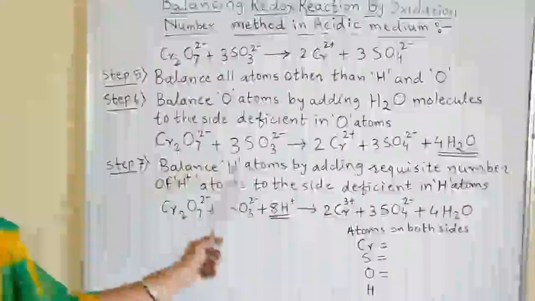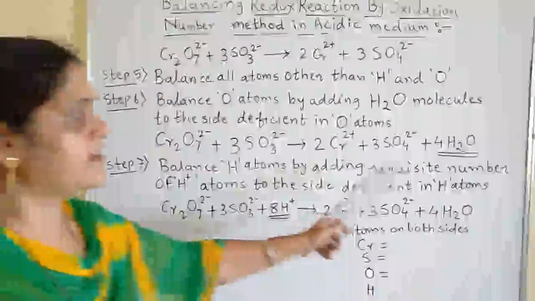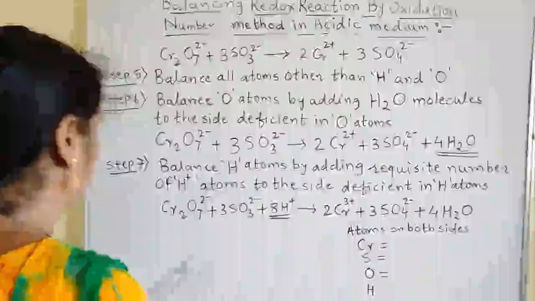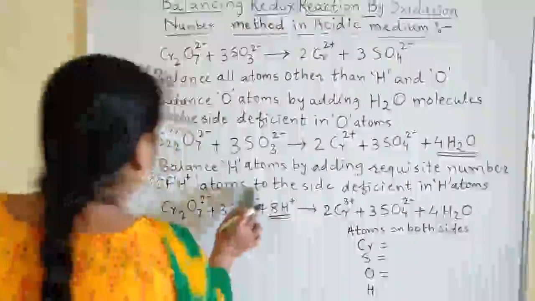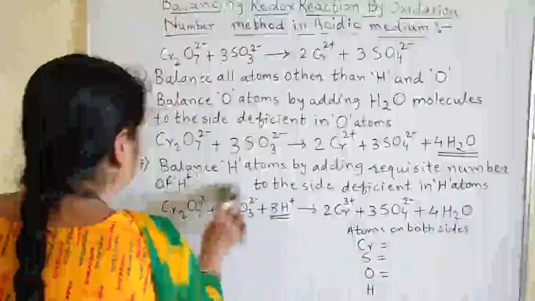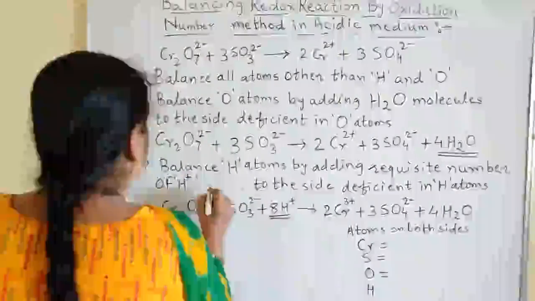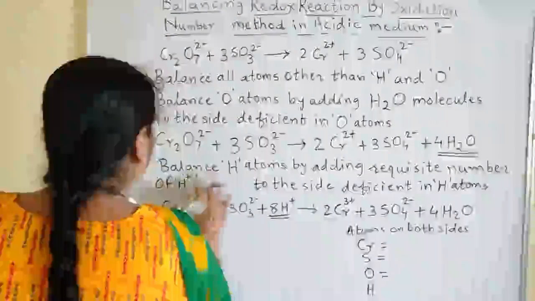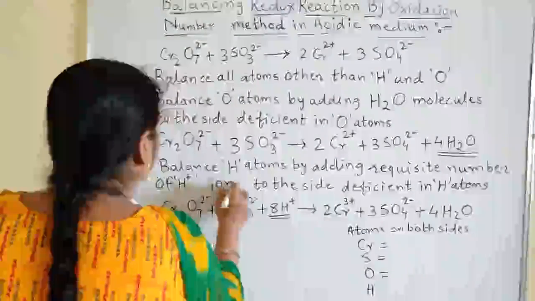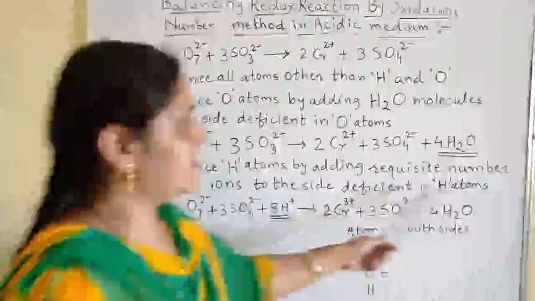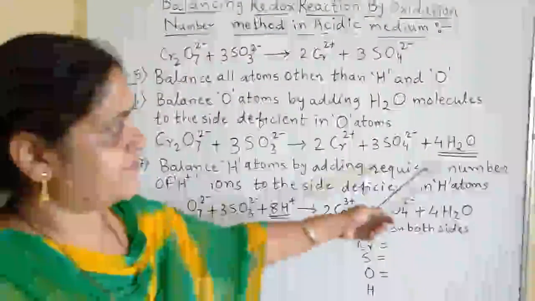Now the next step is to balance hydrogen atoms by adding the requisite number of H+ ions, not atoms. H+ ions have to be written on the side deficient in hydrogen atoms.